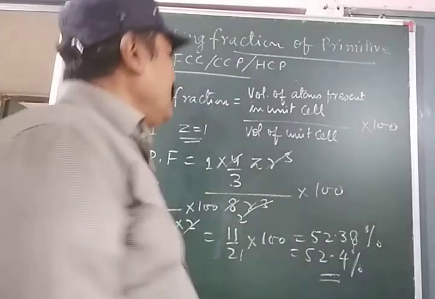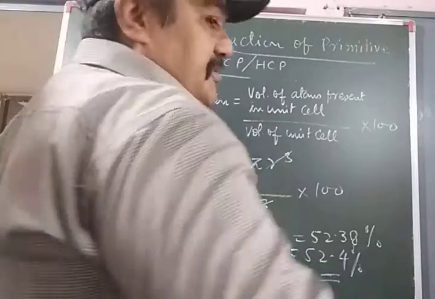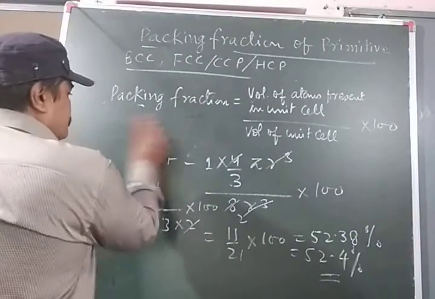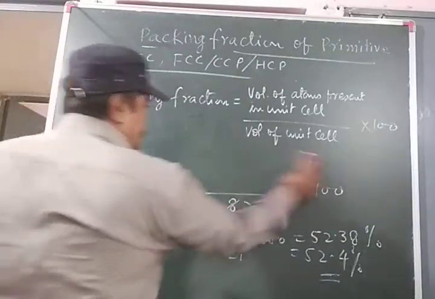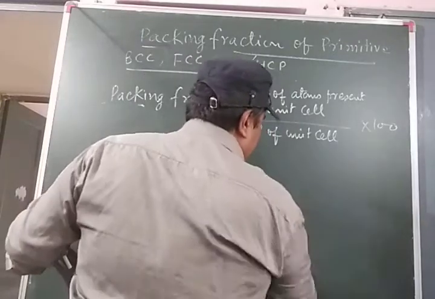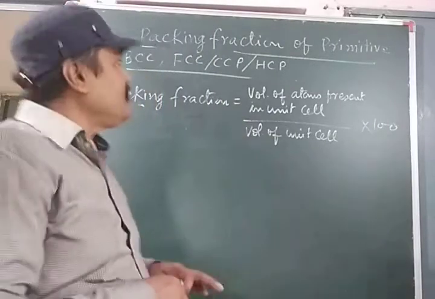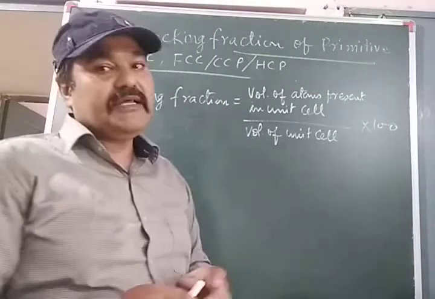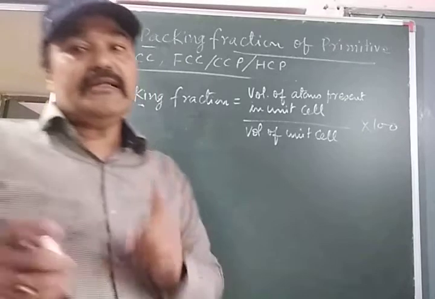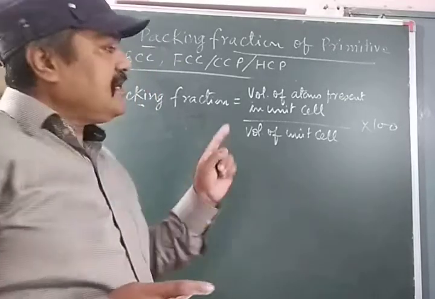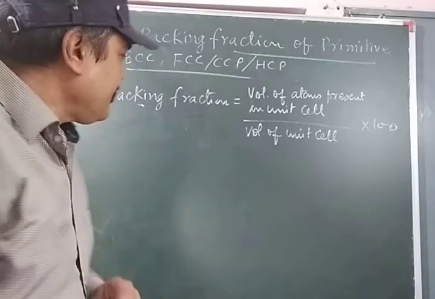Okay. Now we move toward the BCC. The main thing to find out the packing fraction of any unit cell is that we have to find out the relationship between the edge length and the radius of the atom.